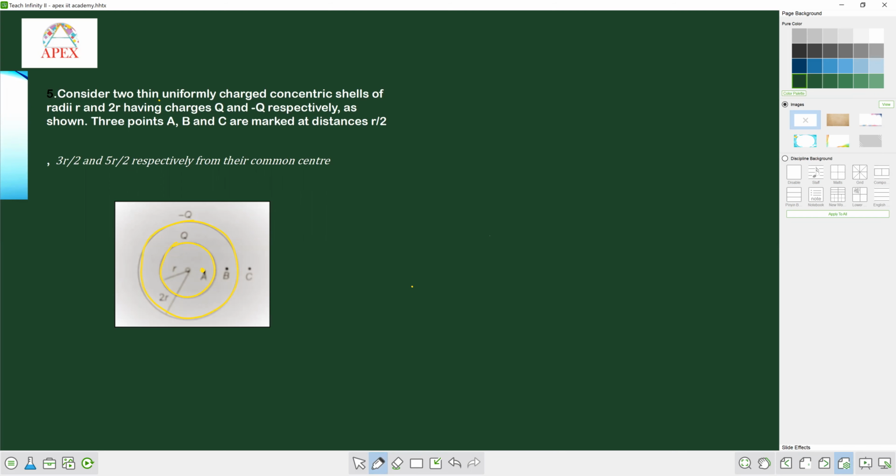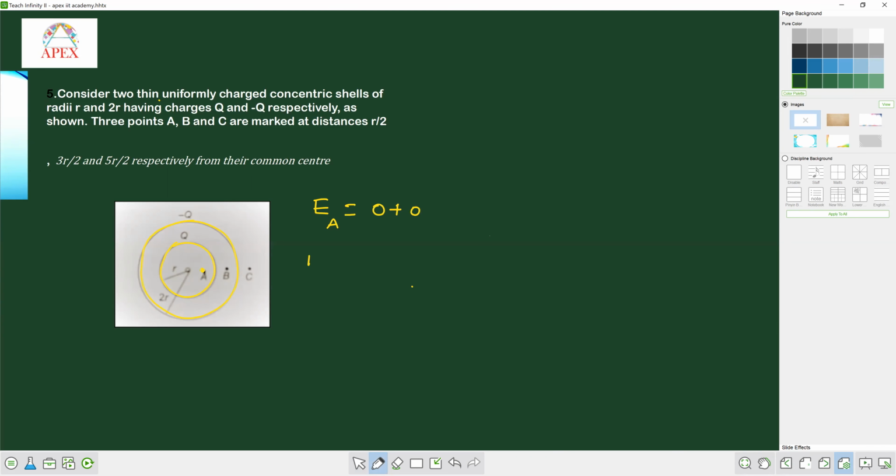So point A is inside the first sphere and also inside the second sphere. So the total electric field at A will be 0 due to the first one and 0 due to the outer one.